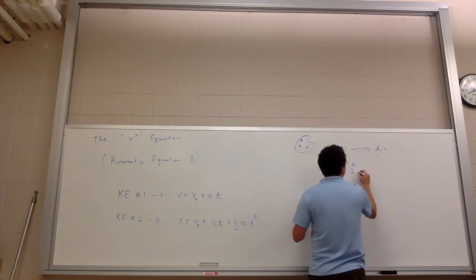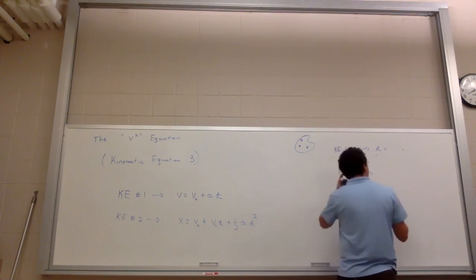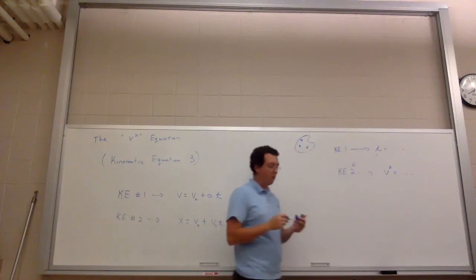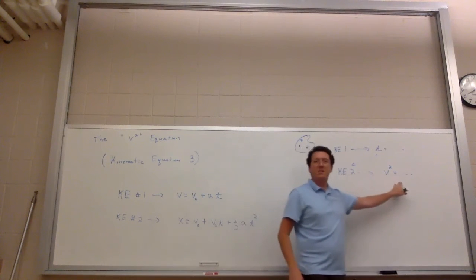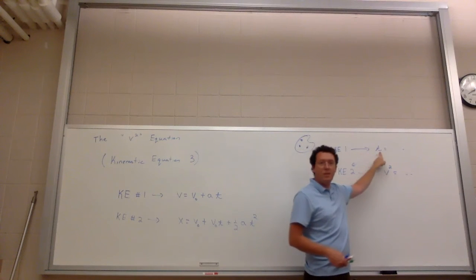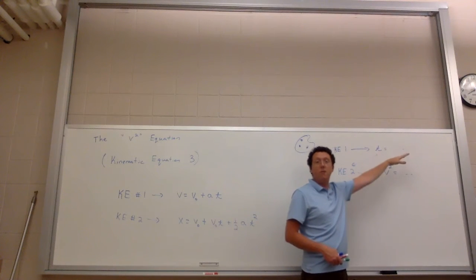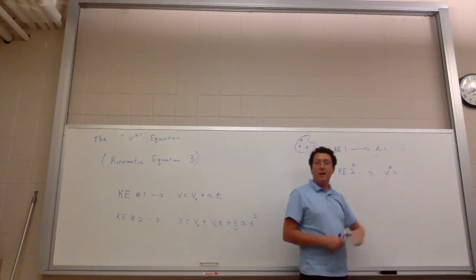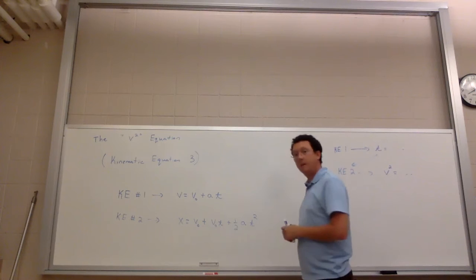Then we're going to rewrite it so that we get v squared equals stuff. That's going to be the goal. I only know that because I know where we're headed, but that's the plan. Kinematic equation 1, get it so t equals stuff. We'll have to figure out what that is, and then substitute into the second equation and get a result. Okay?